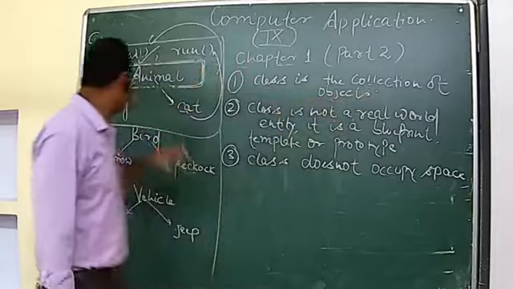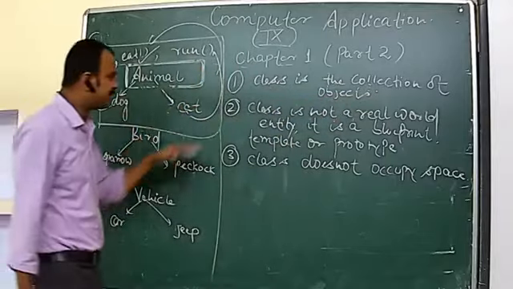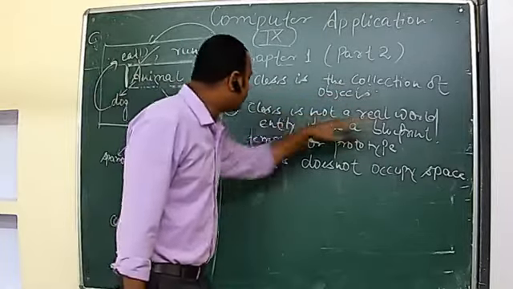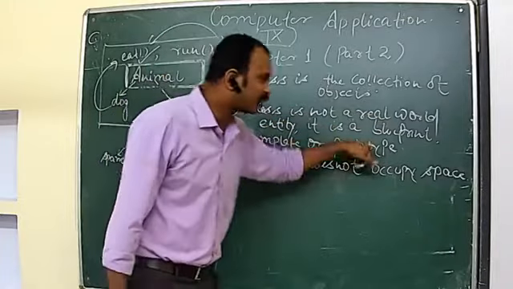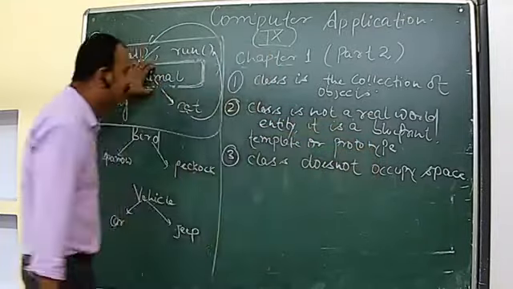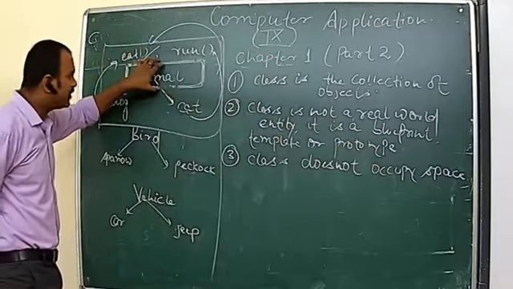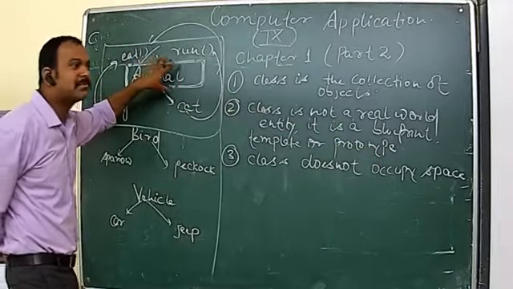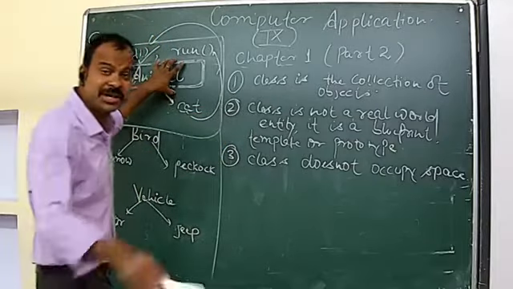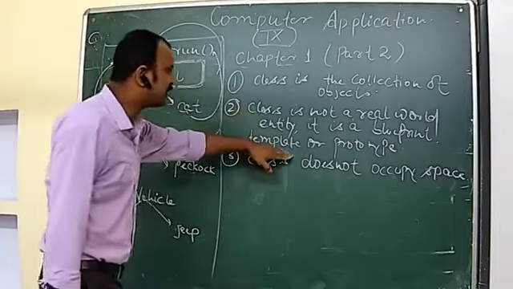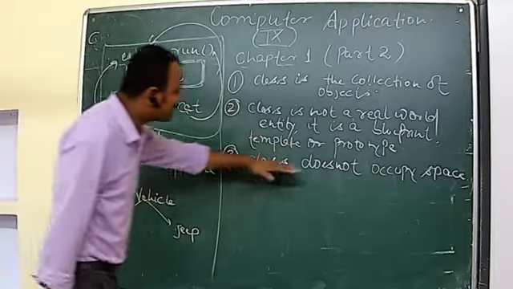Many objects can be created. Class is not a real world entity. It is a blueprint, template or prototype, because definitely it is not real world. So from this template, from this blueprint, I can create many objects. I can generate many objects. Third one, class does not occupy space.